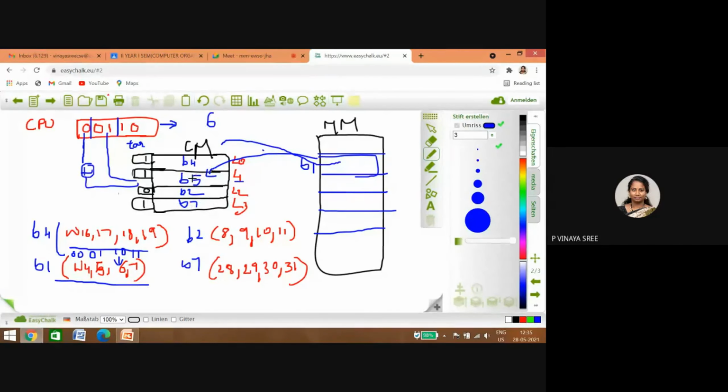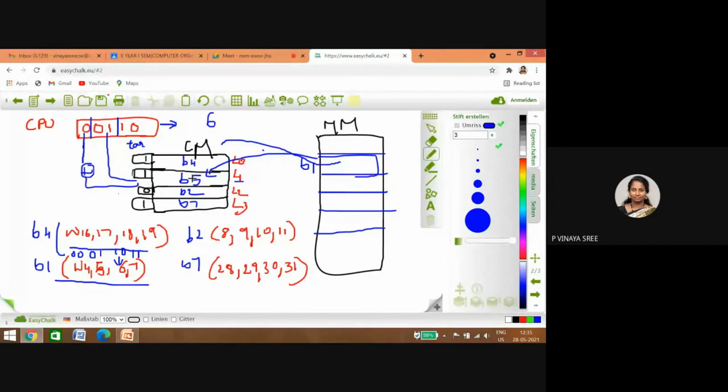What are those two? One is W, the offset, and the other is the block number. Yes, block number, which in this case is represented as S. As we have only two, it is given as S plus W. If you add them, you will get the physical address. So in our example, W is 2 and S is 3.